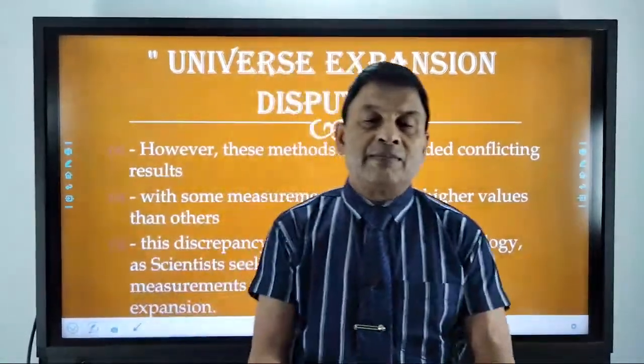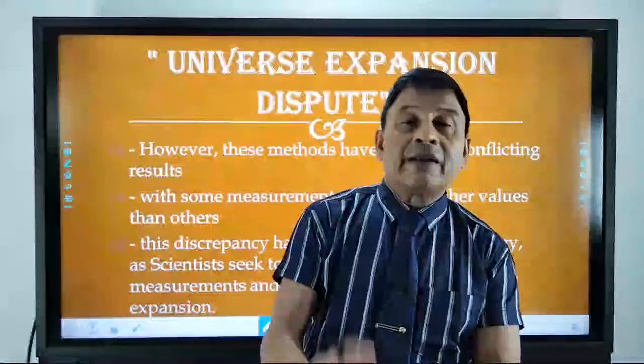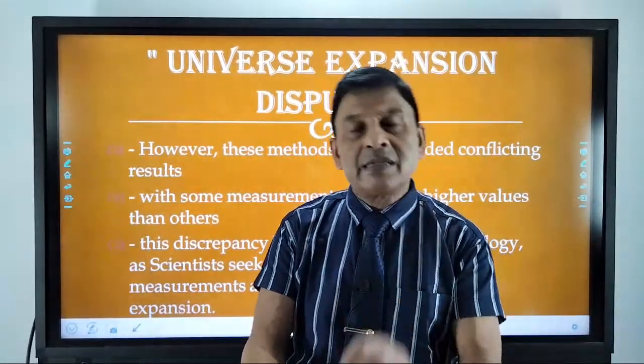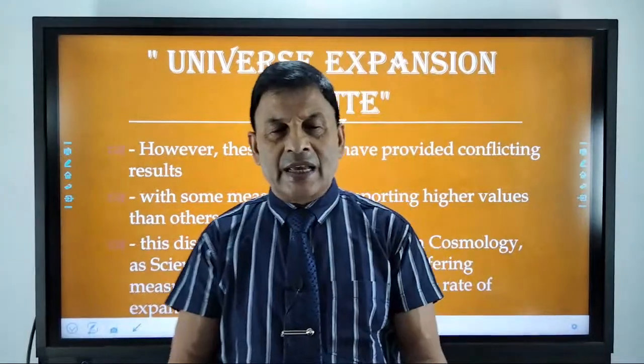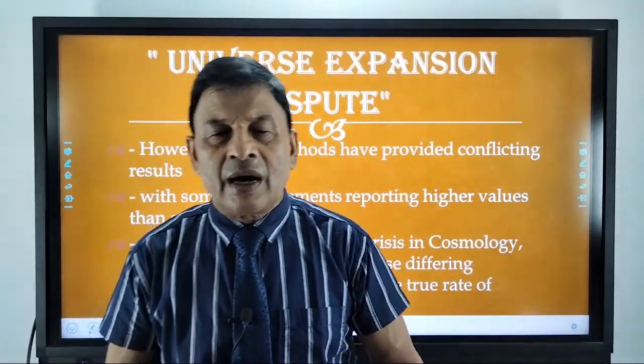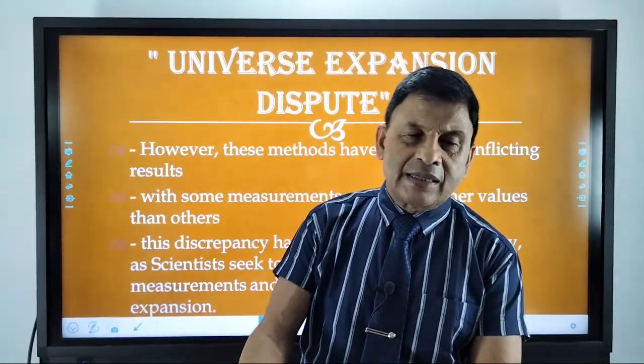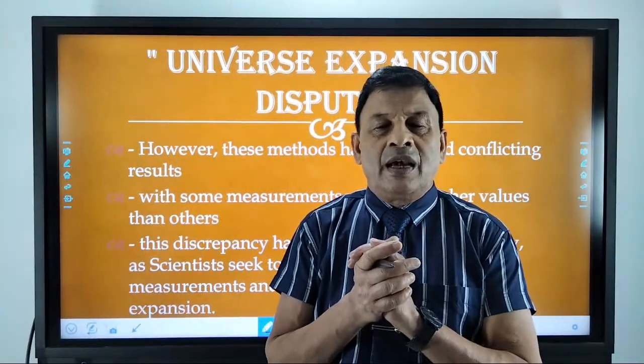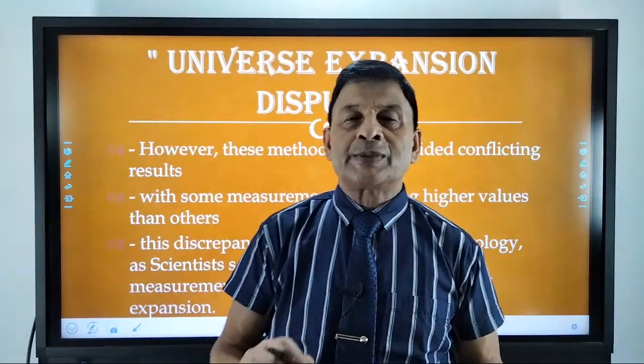However, these methods have provided conflicting results, with some measurements reporting higher values than the others. The area of conflict is that some measurements are giving a high value. Next, this discrepancy has led to a crisis in cosmology, as scientists seek to reconcile these differing measurements and understand the true rate of expansion.